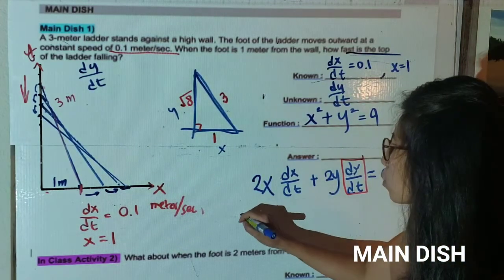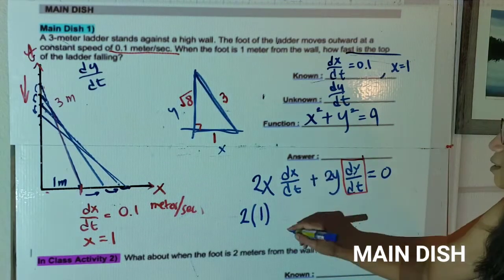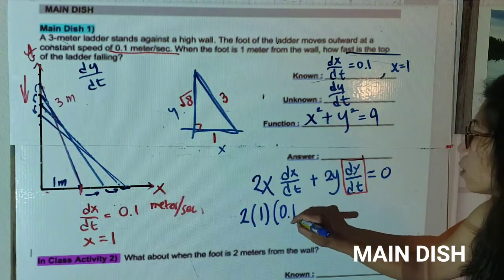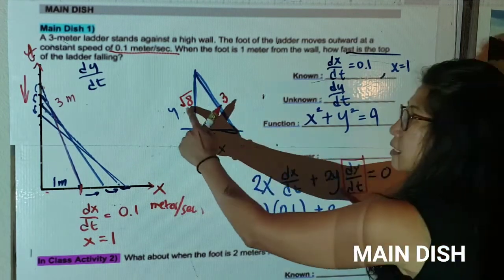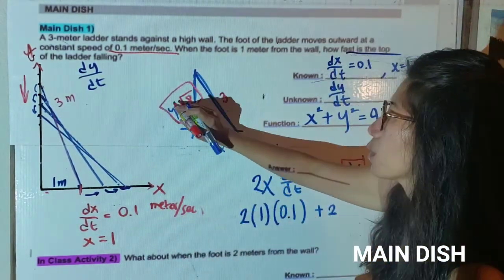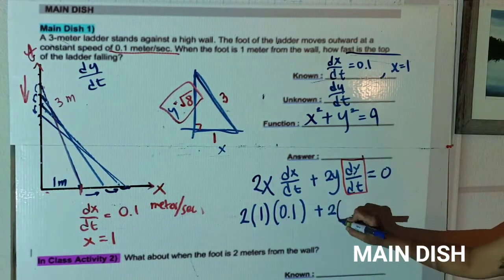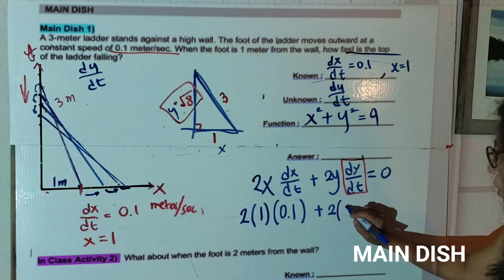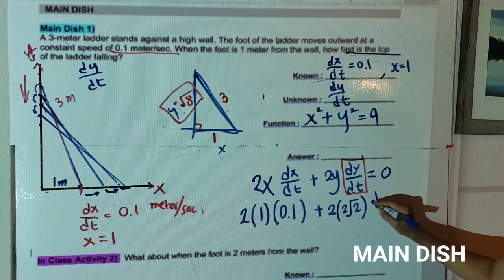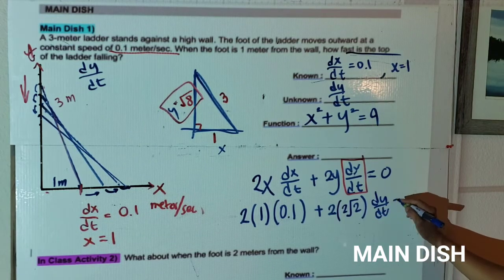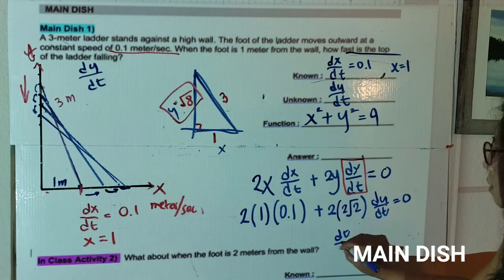So let's plug in 2 times this x is 1, dx/dt is 0.1, and then plus 2 times, do I know y? Yes, because don't forget it's the Pythagorean theorem. Although they don't give me all the information, you have to figure it out by doing it. So that's going to be 2 root 2, and dy/dt is what I'm looking for, equal to 0.